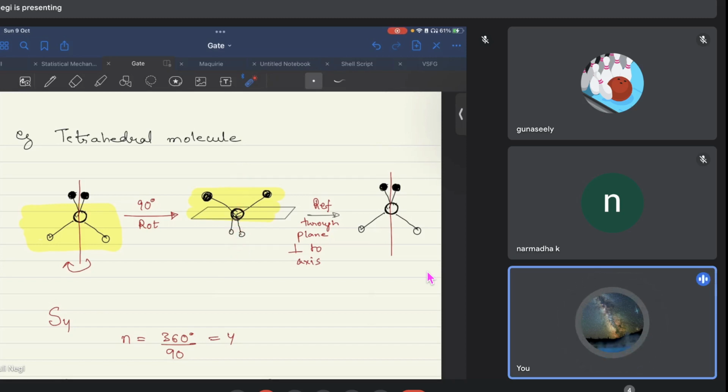Now ask yourself, this particular configuration, is it indistinguishable with respect to this one?